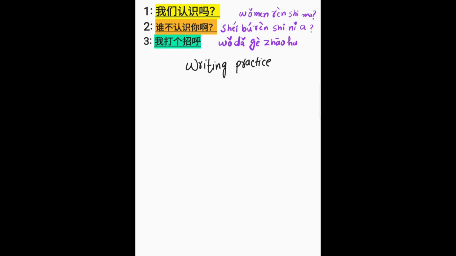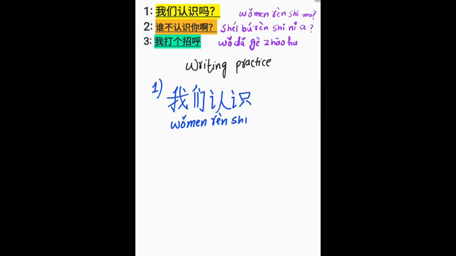So let's start our writing practice now. The first sentence is 我们认识吗？Okay, this is how we write it, and the English meaning of this sentence is, do we know each other?